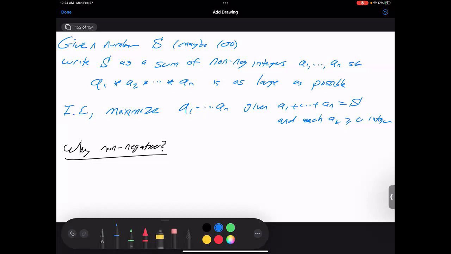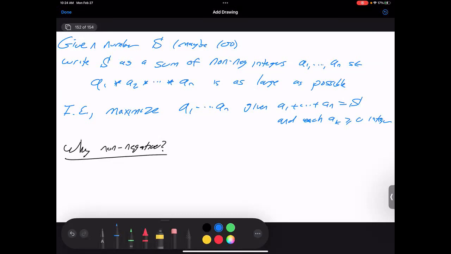So what would happen if the summands were not non-negative? What could happen? Give me an example. Let's say n equals 100. Because again, whatever I choose for the a's, they have to sum to that number S. So if I have a negative number, then it means I have to have other ones that are positive.